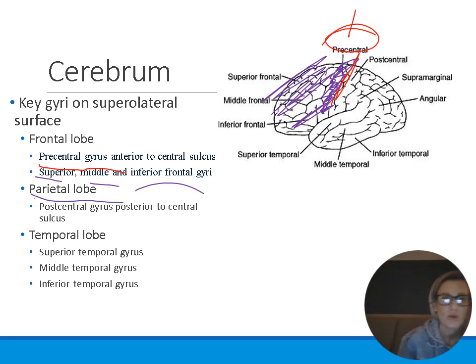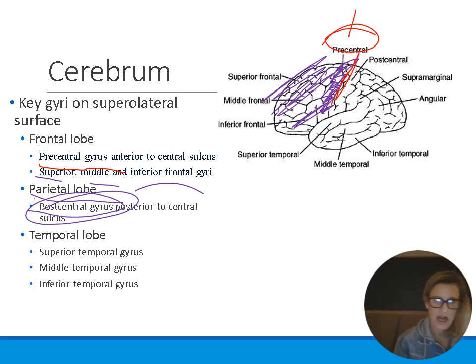In the parietal lobe, the gyrus that we'll look at is the post-central gyrus. So the post-central gyrus is just this raised area that's right after the central sulcus. The post-central gyrus is the primary somatosensory cortex.